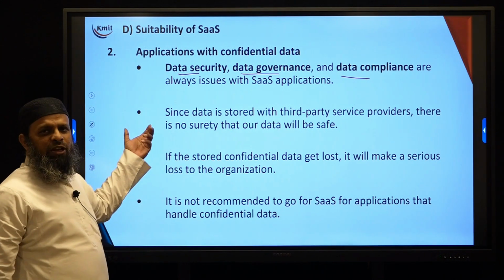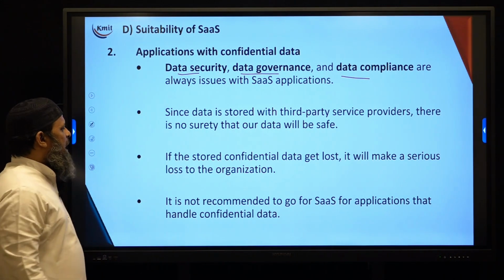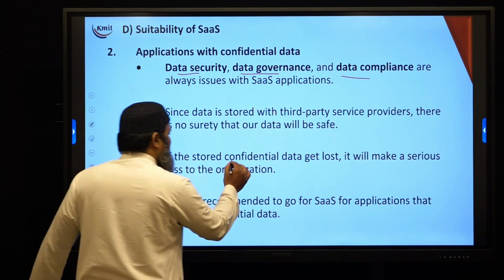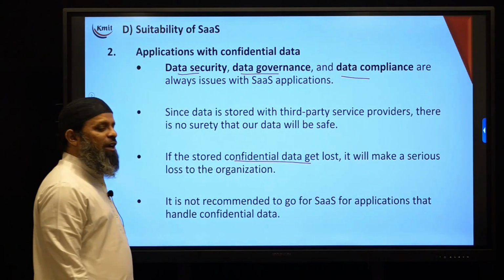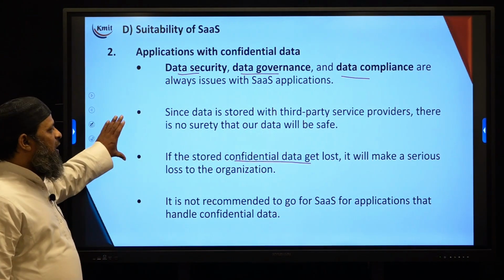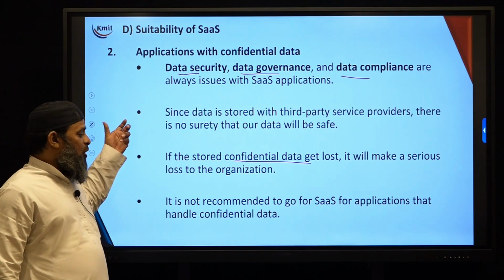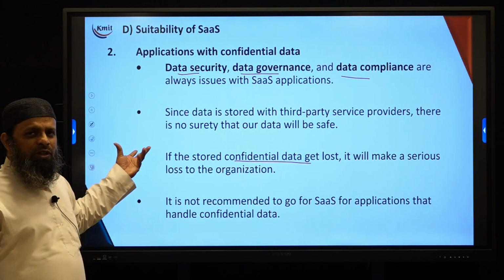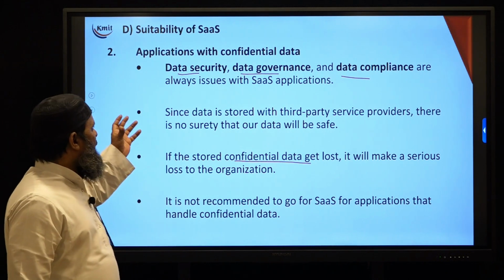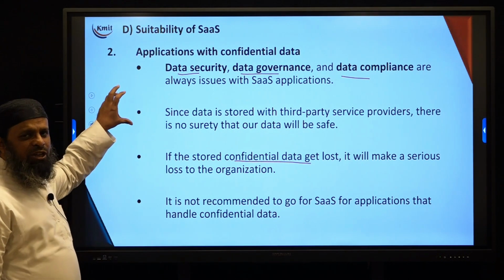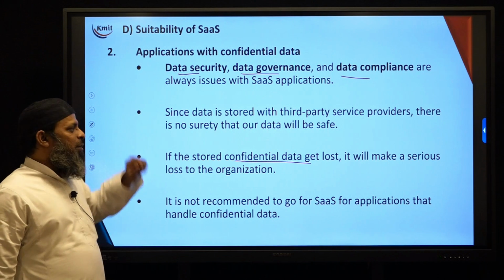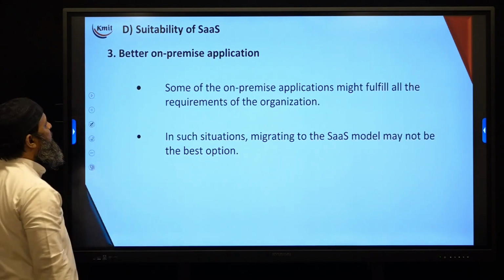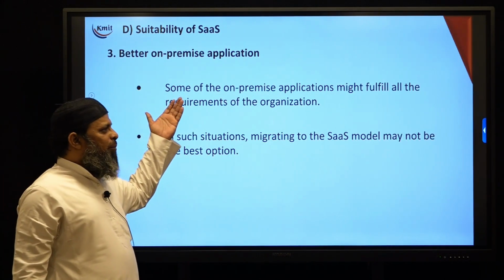There is no surety that data will remain the same. Second, confidential data may get lost sometimes, which is a serious concern. If data is lost, the organization cannot do anything. Because of these two reasons, SaaS is not recommended for any application in which confidential data is there.